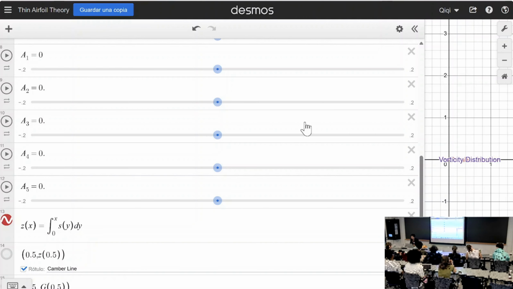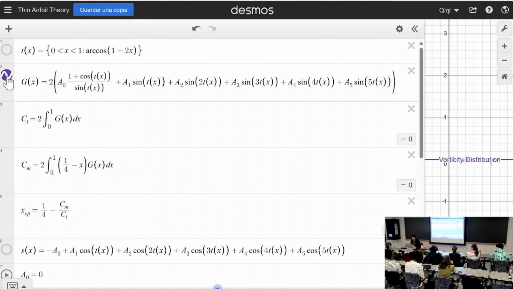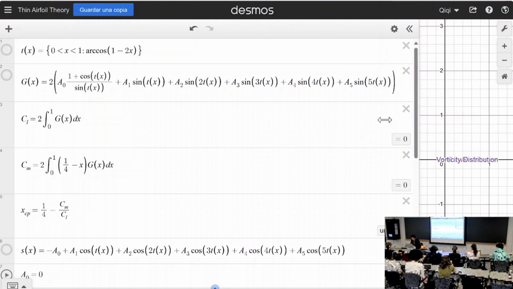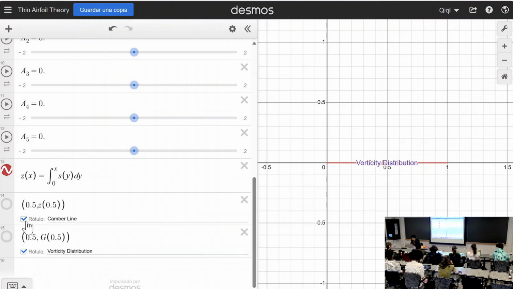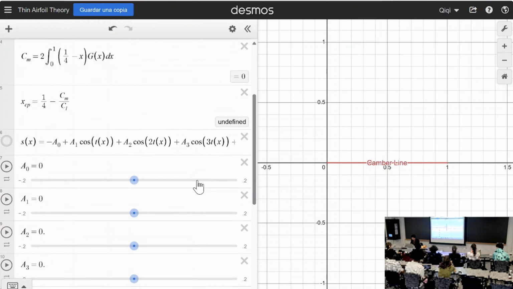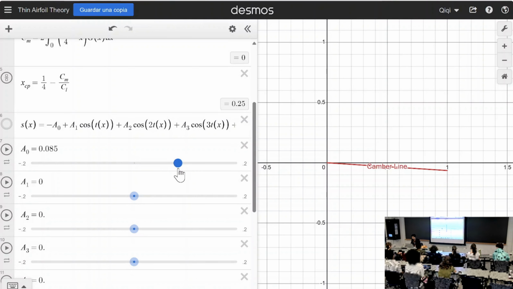So let me just disable this vorticity distribution and look at the shape, the camber line. If I change A0, A0 is a constant, actually a negative constant. If you increase A0, the slope gets negative everywhere and the camber line just goes straight down.